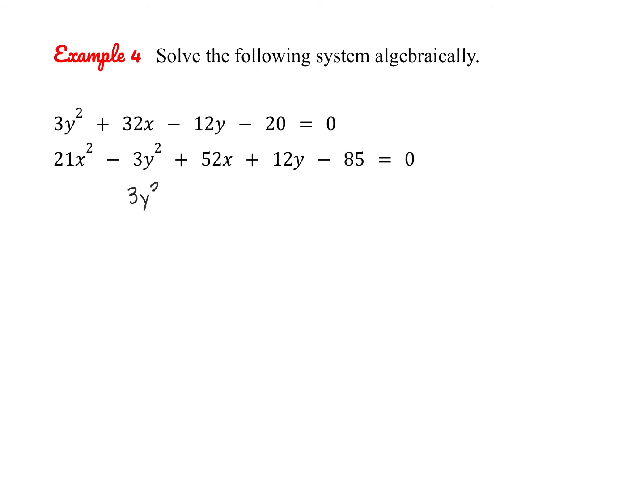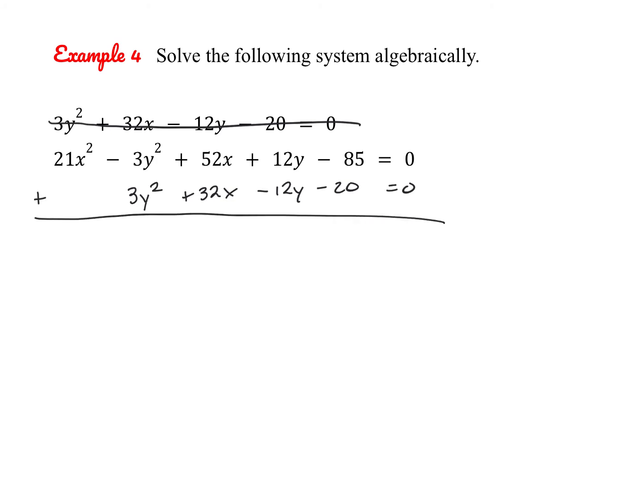So I'm going to say 3y squared plus 32x minus 12y minus 20 equals 0. So again, I was just rewriting this below. And then here I'm just going to add vertically because I can see these terms will eliminate, which is exactly what we would like to happen, and these terms also eliminate.